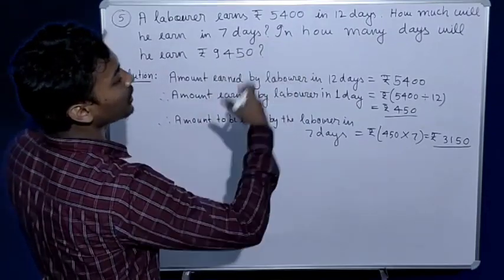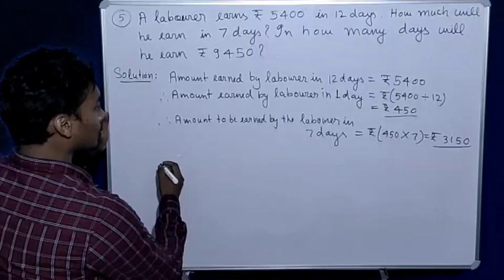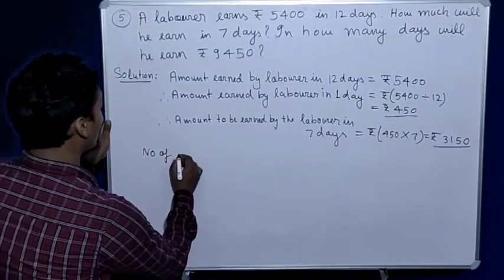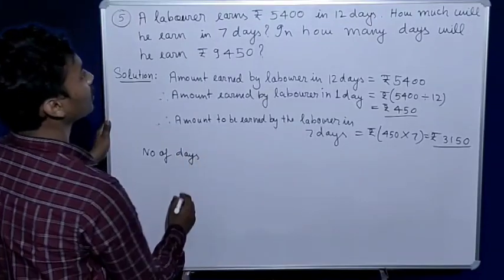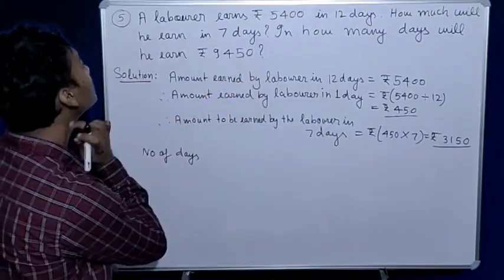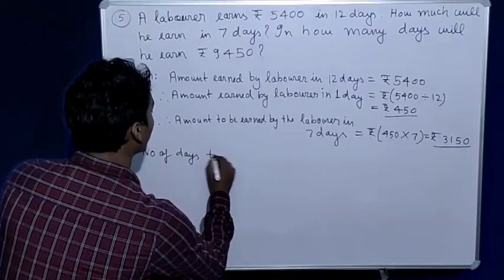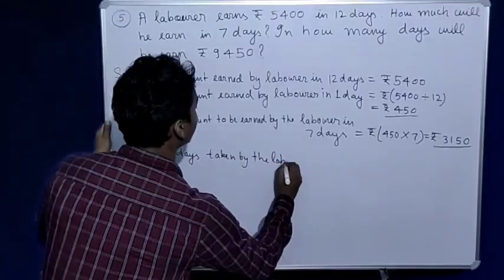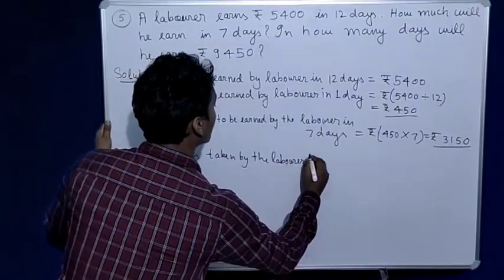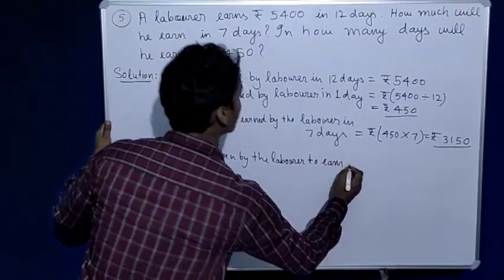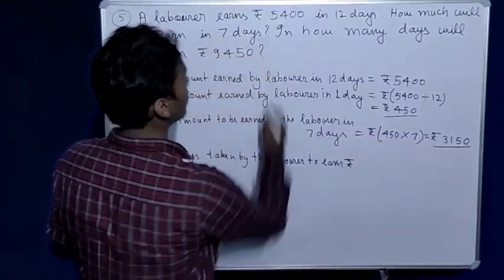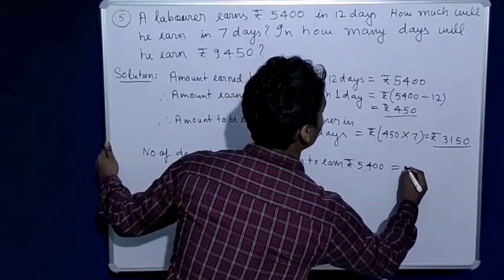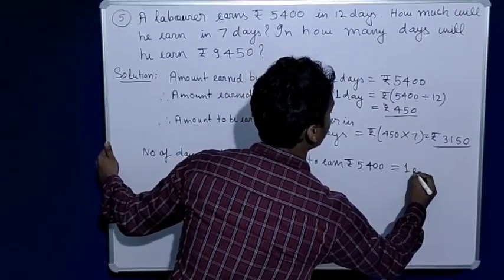So we can keep the days on the right side now. We can say the number of days taken by the laborer to earn rupees 5,400. So how many days did he take? 12 days.